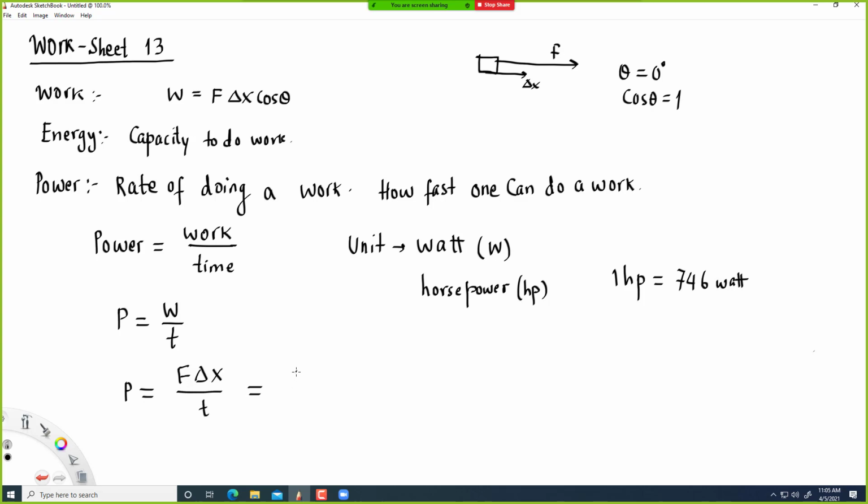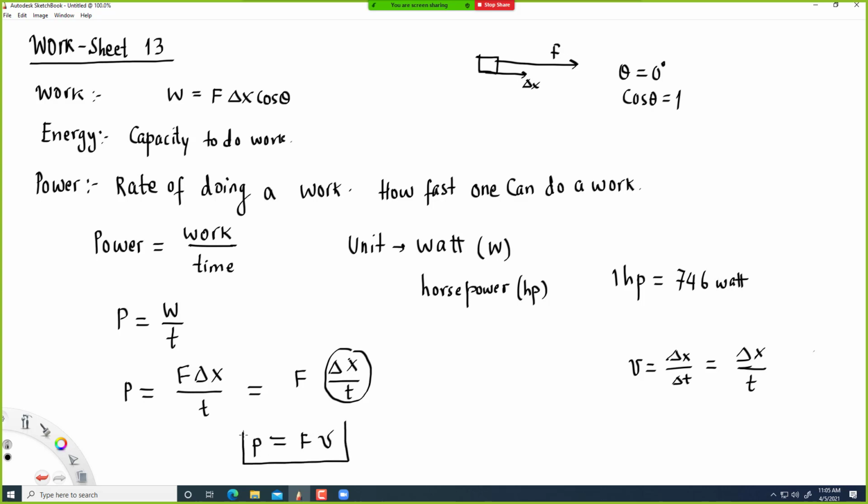Now we can write this as F delta x over t, and this delta x over t, if you remember in the very beginning of this course we talked about this, is the speed. Speed is delta x over delta t, or instead of delta t you can also write just t, because the starting time is always 0. So this delta x over delta t can be replaced by v, and that's the power.